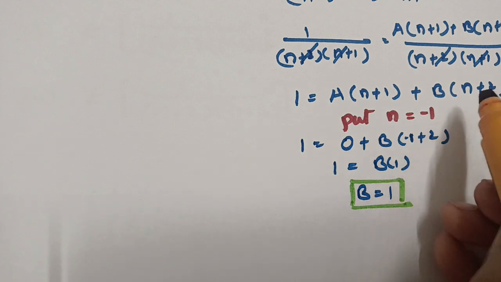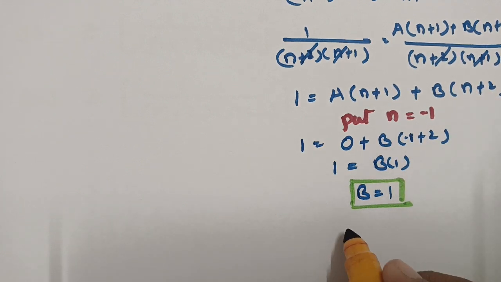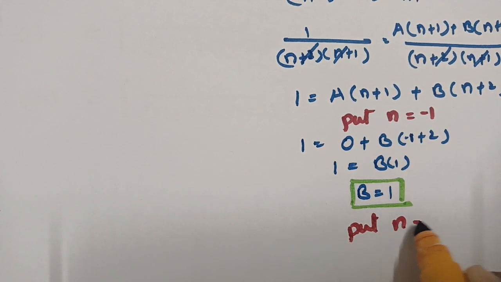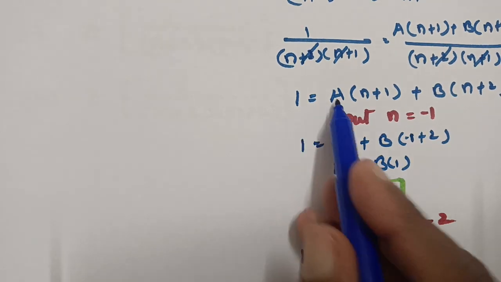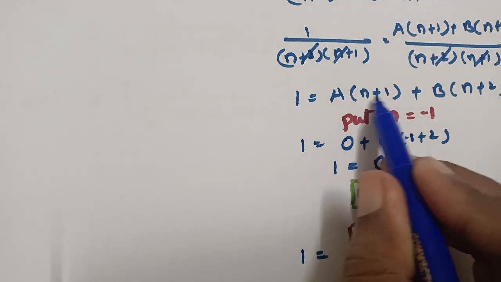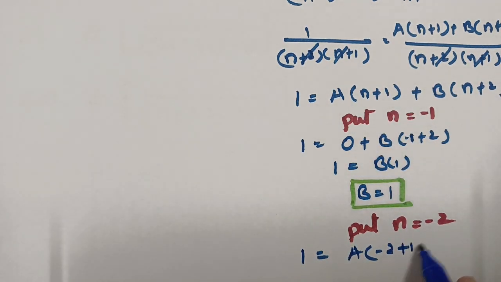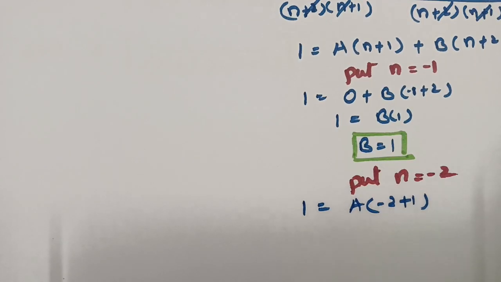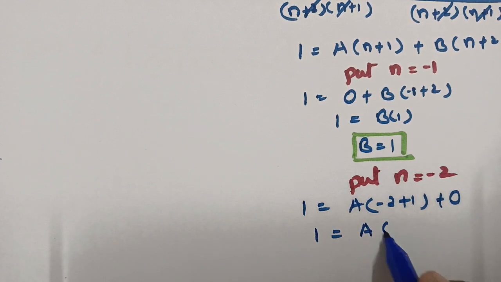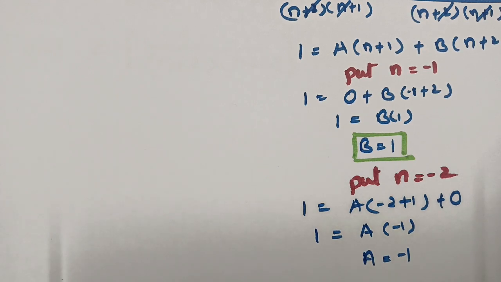Again I am keeping n is equal to minus 2. So put n is equal to minus 2 and see what happens here. 1 is equal to A into (minus 2 plus 1) plus 0. So 1 is equal to A into minus 1. So A we got the value as minus 1.